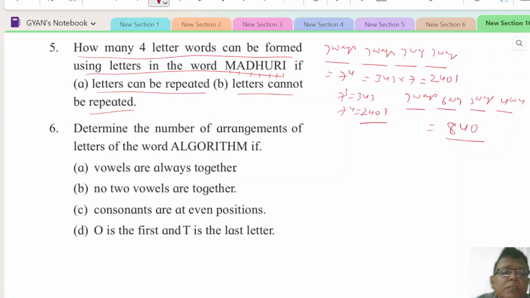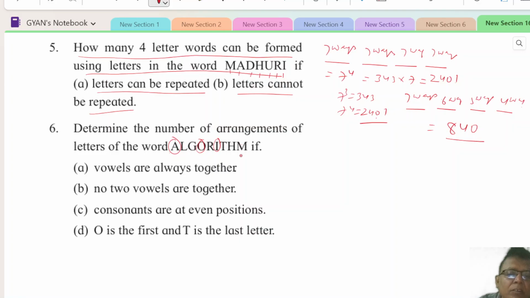Now come to this question. The vowels are always together. So how many vowels are there? This one is a vowel, this one is a vowel, and this one too. That means three vowels. And how many consonants? One, two, three, four, five, six.